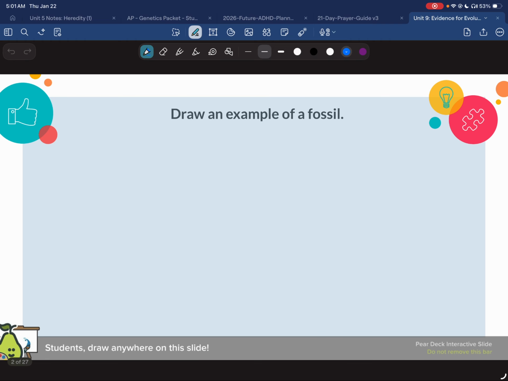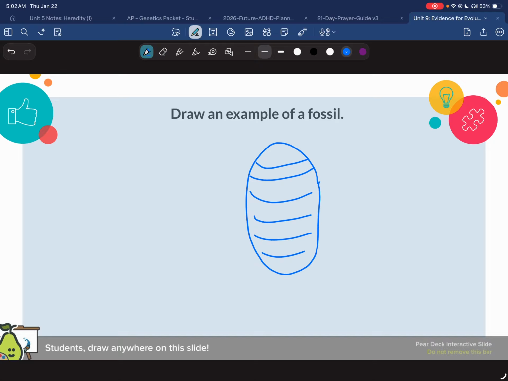Obviously, this was supposed to be done in class. We're not in class. You don't have to draw an example of a fossil, but when you think of a fossil, what do you think of? So I think of a trilobite. I know, science teacher, but they've got these things all the way down.